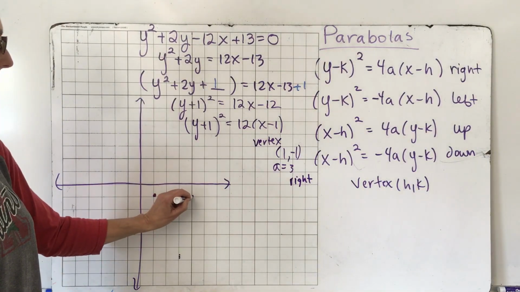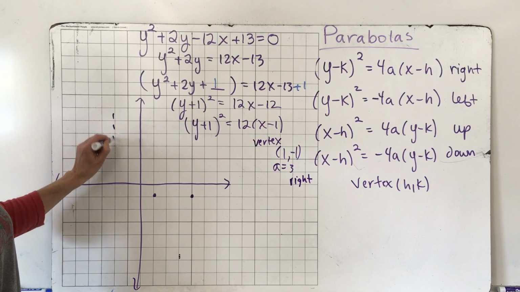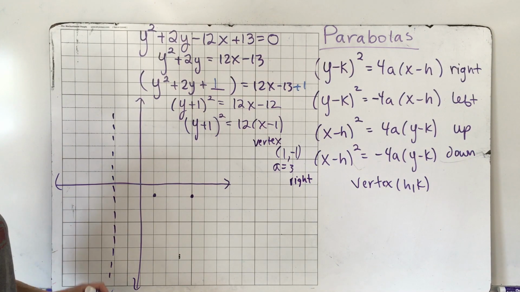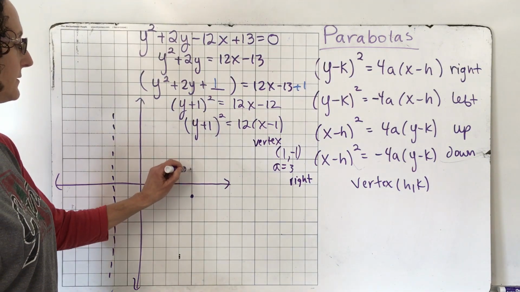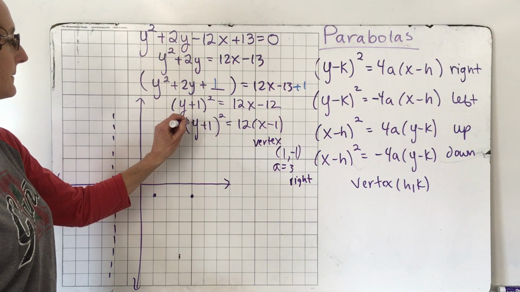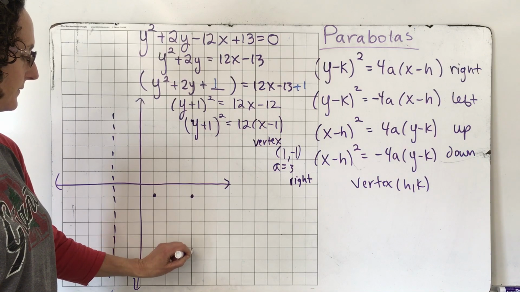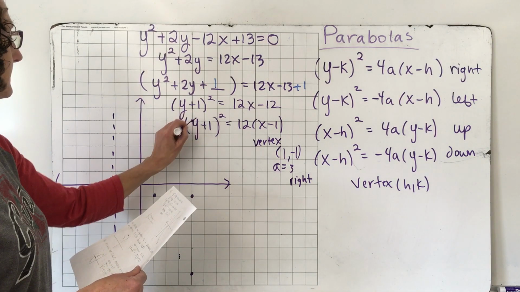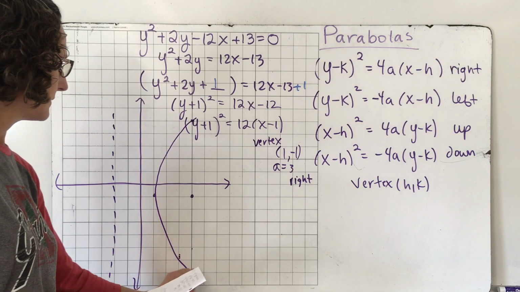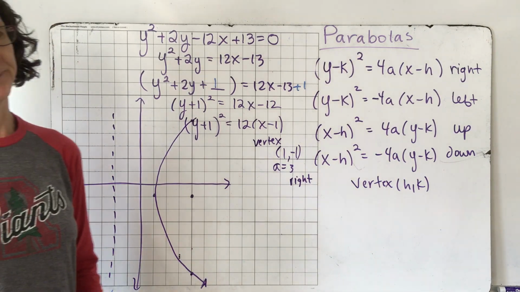So a is 3 means you go out 3, and you go out 3, okay? And then this is 6 away, so you need to go up 1, 2, 3, 4, 5. Oops, sorry about that. 1, 2, 3, 4, 5, 6. Okay. All right. And then you go like this. And you have your parabola.